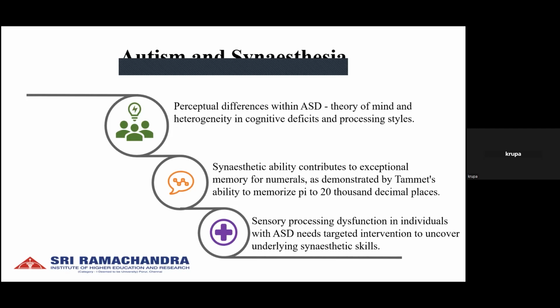It is also important to note that synesthetic abilities are often associated with exceptional memory for numerals. Given that all these factors are related to synesthesia and autism, there must be some understanding of these sensory processing, so that targeted intervention can be provided to children with autism, exploiting these synesthetic skills.